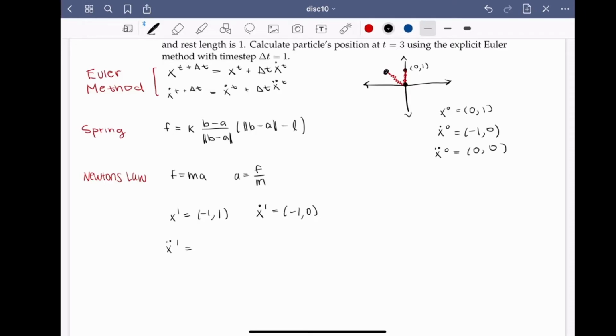So our K equals 1, and then we have B minus A. So in this, our B is right here, so that would be negative 1, 1. Our A is the origin, and then we want the norm of that.